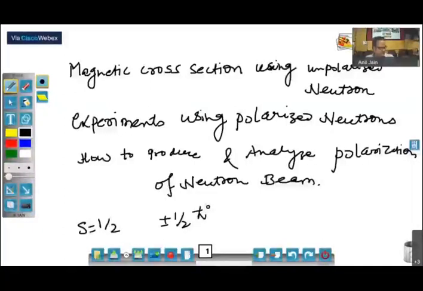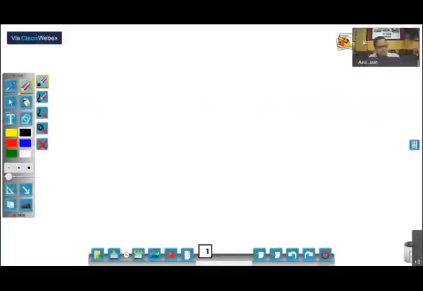So each neutron has a spin vector, and we can define the polarization of the neutron beam. So how do we define it?